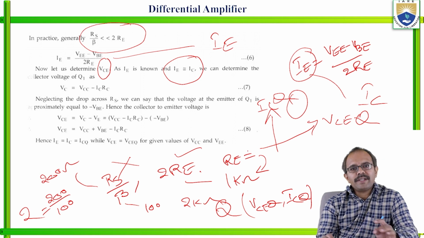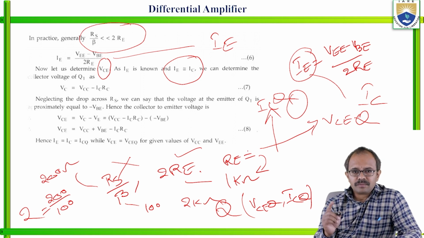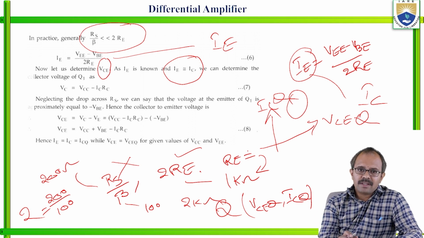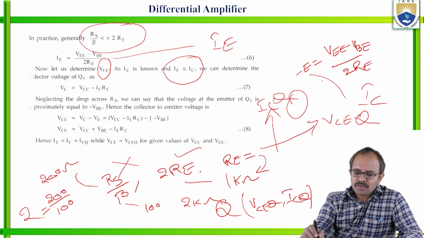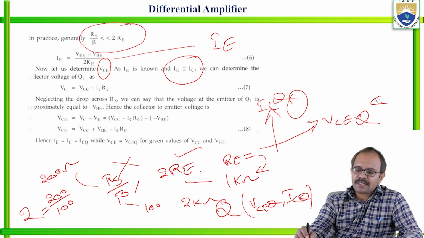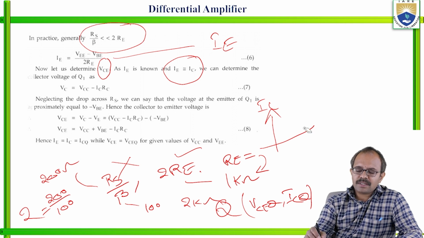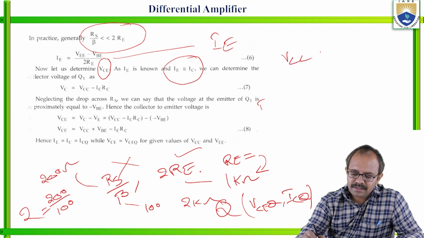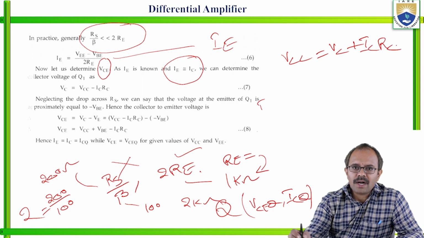Now we will try to find the expression for VCE. Look at the output section of your differential amplifier, where we have the biasing voltage VCC. How can I write VCC here? VCC can be written in terms of the collector voltage and the collector current, that is, VCC is VC plus IC into RC.